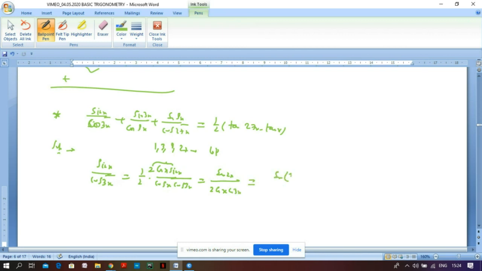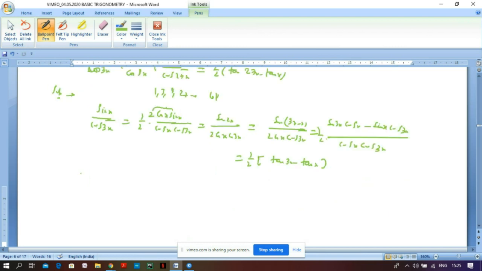I can write sine of (3x minus x) upon 2 cos x cos 3x. So that will give you (sine 3x cos x minus sin x cos 3x) upon cos x cos 3x, times 1 over 2, and this becomes tan 3x minus tan x.